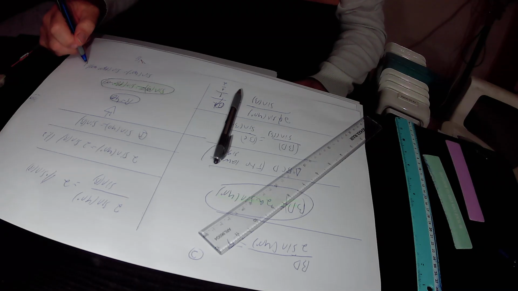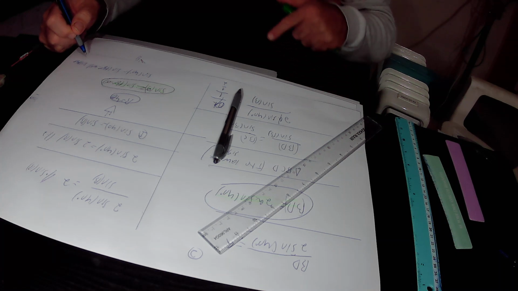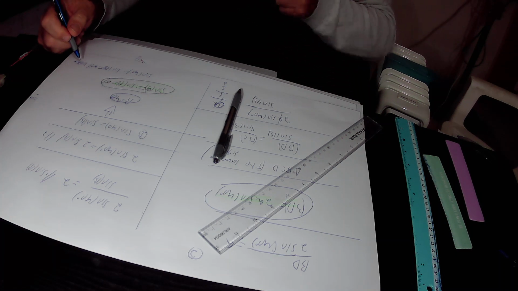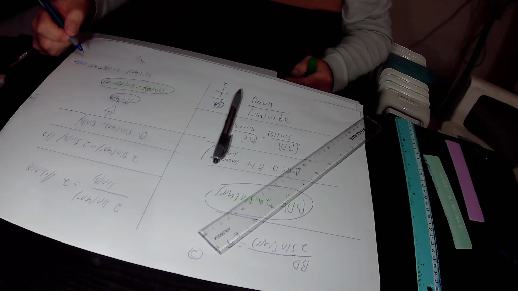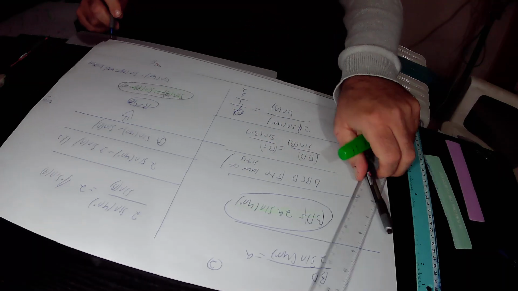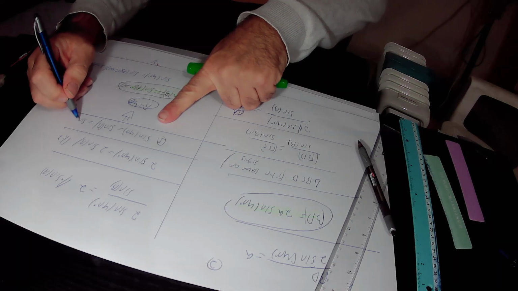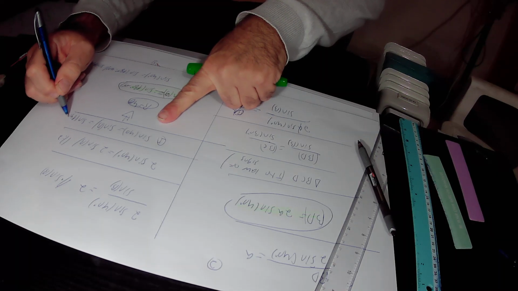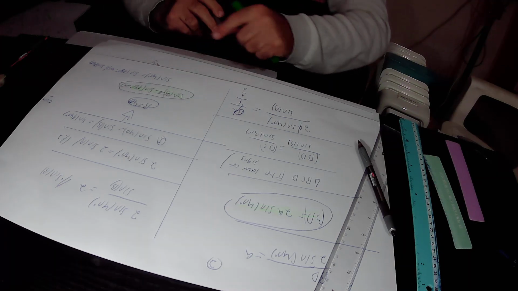So in total, we found that sine 40 degrees equals sine 140 degrees.